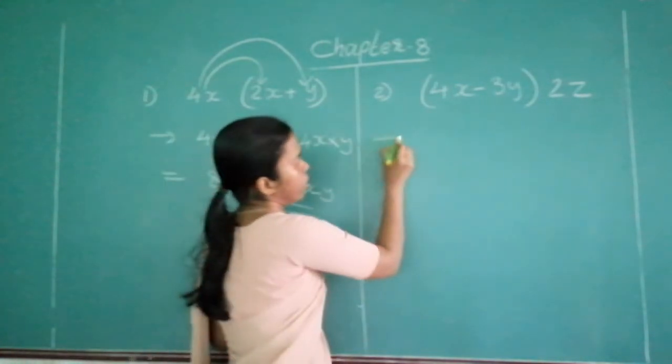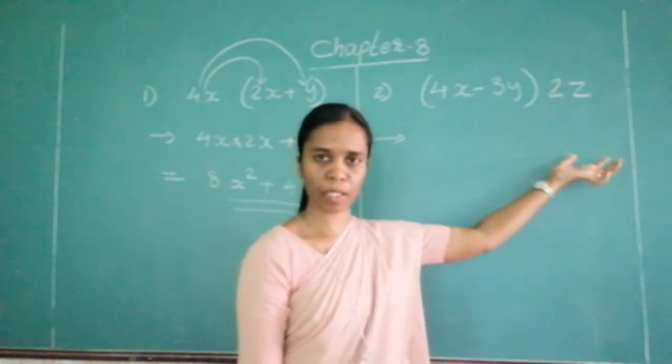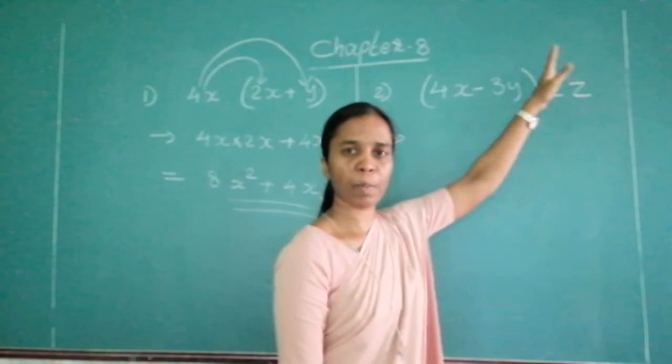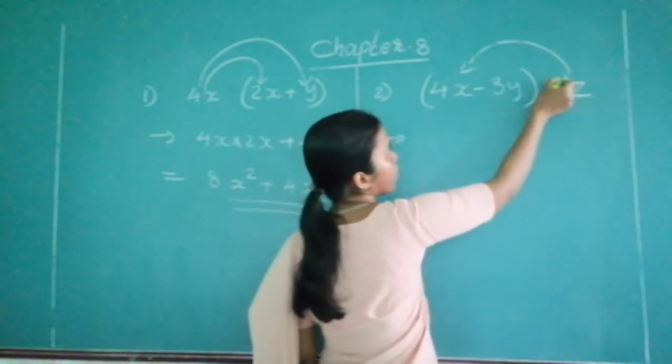Look at this example. Here the binomial is written first, the monomial is written second. Whatever is outside should be multiplied with each term inside the bracket. The rule is the same.